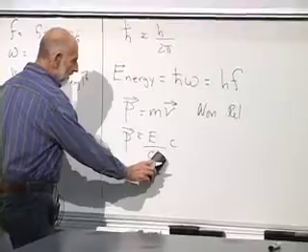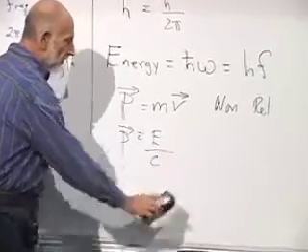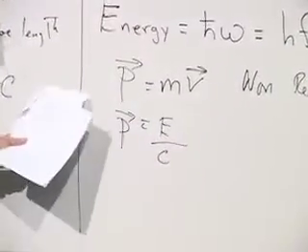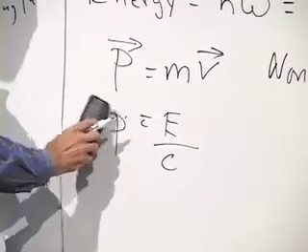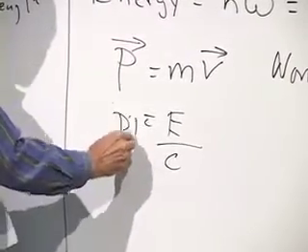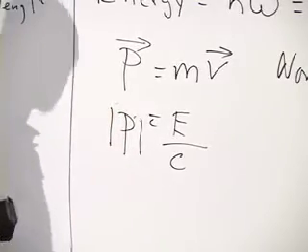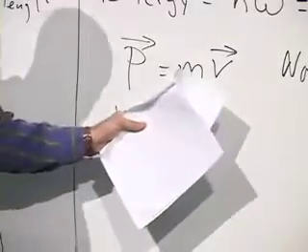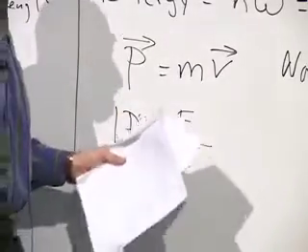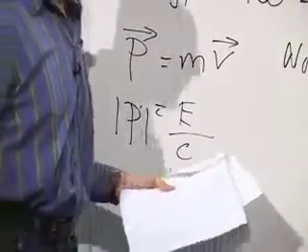in fact, more or less somewhat accidentally, I would get the right answer for the magnitude of the momentum. This should be read as the magnitude of the momentum. Or you could just write r hat. But the magnitude of the momentum is the energy of the electromagnetic wave.